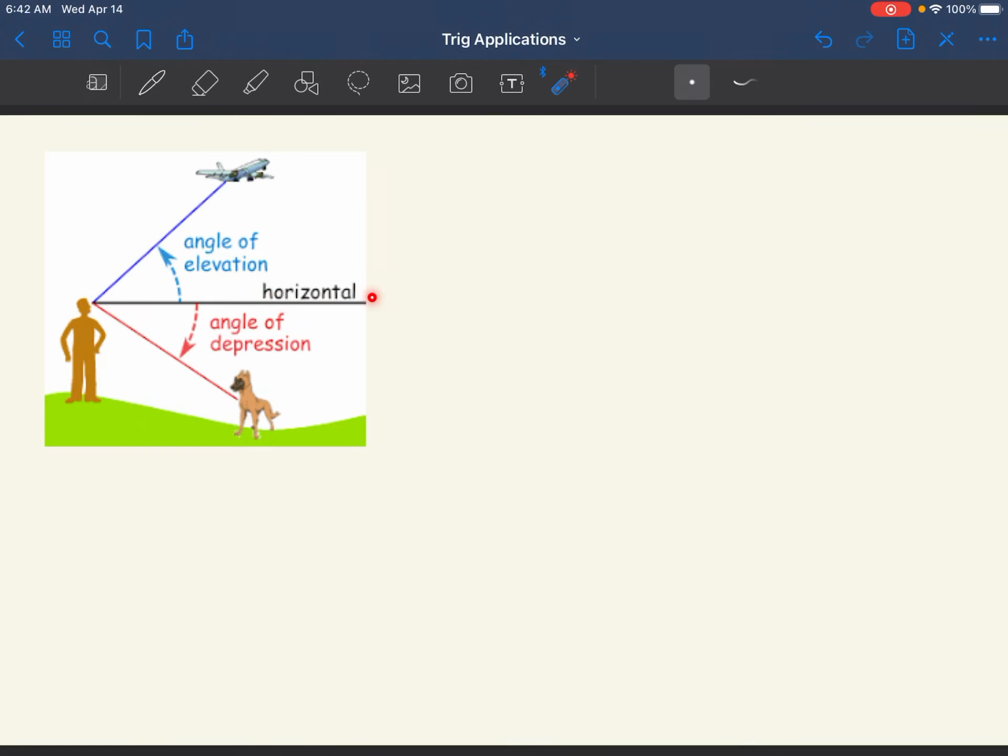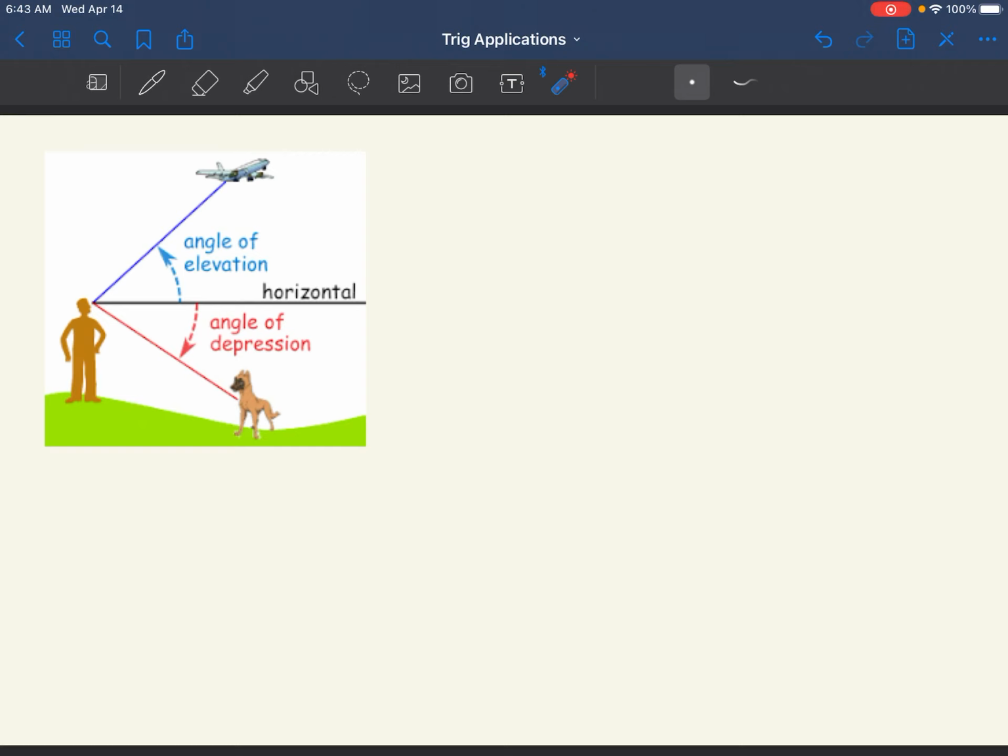That's the horizontal. Then an airplane flies overhead, and they look up at the airplane. So the angle of elevation is that angle that goes from the horizontal up to the new line of sight. So remember, the angle of elevation goes up from the horizontal.